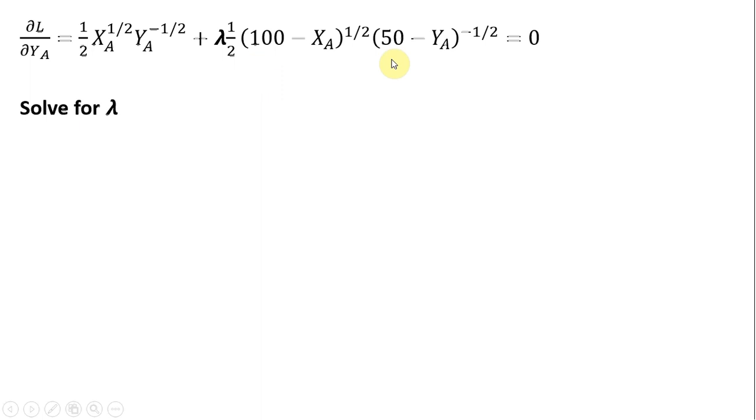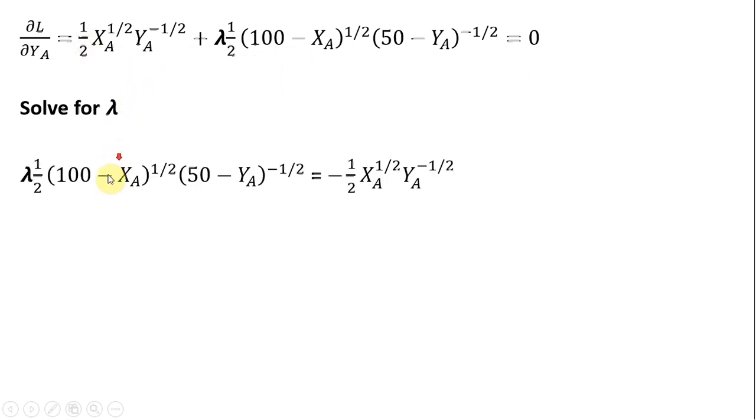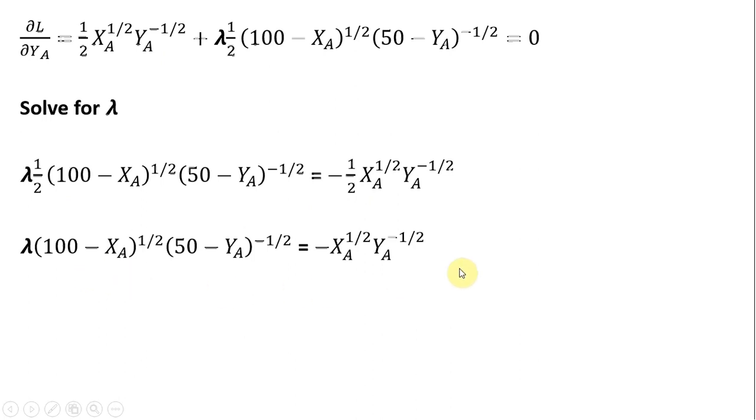And now I'll do a similar thing for the second partial derivative. We're going to solve this equation here for lambda. So once again, moving this first set of terms over to the right-hand side, we've got the minus. The 1/2s now will cancel. And then on the left-hand side, I'm just going to divide everything through by this first set of terms here, 100 minus X subscript A to the 1/2 power.